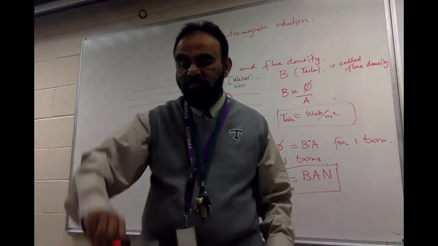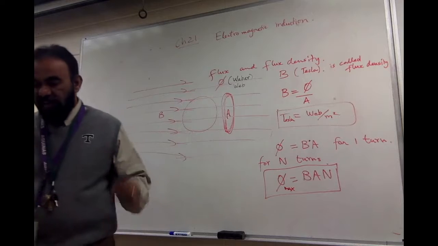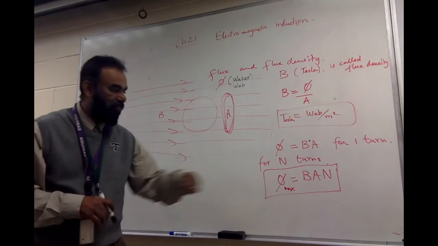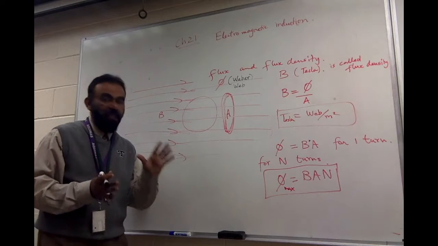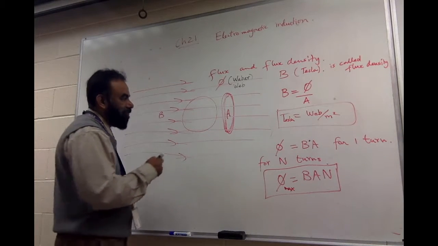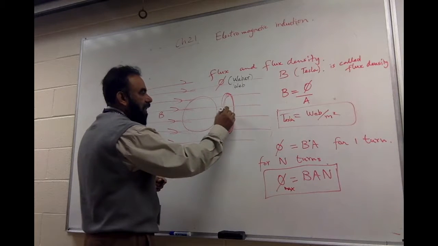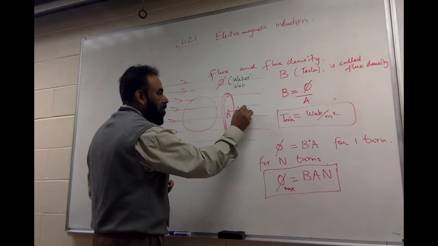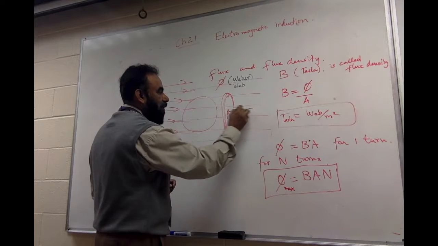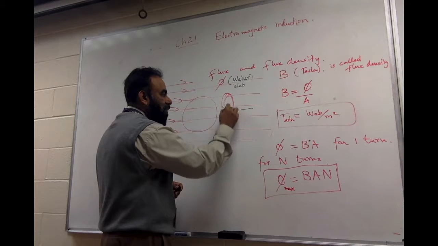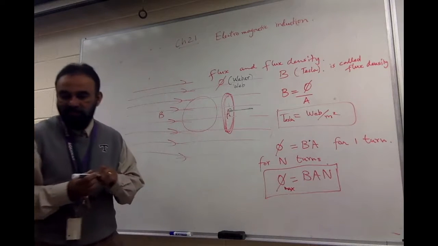All right. So how do you find out the flux if it is at a different angle? For that, the angle we are considering over here is with the perpendicular to the plane of the coil. You understand what I'm saying?